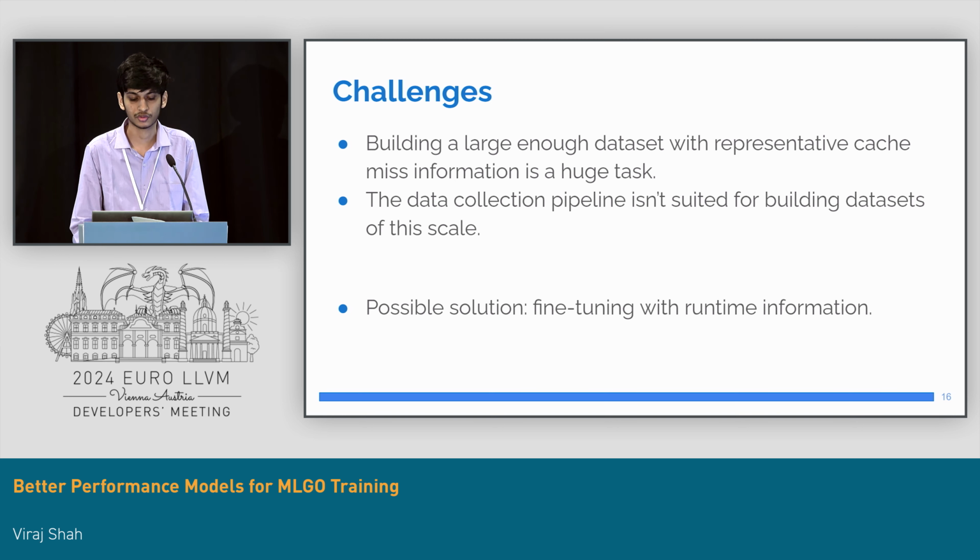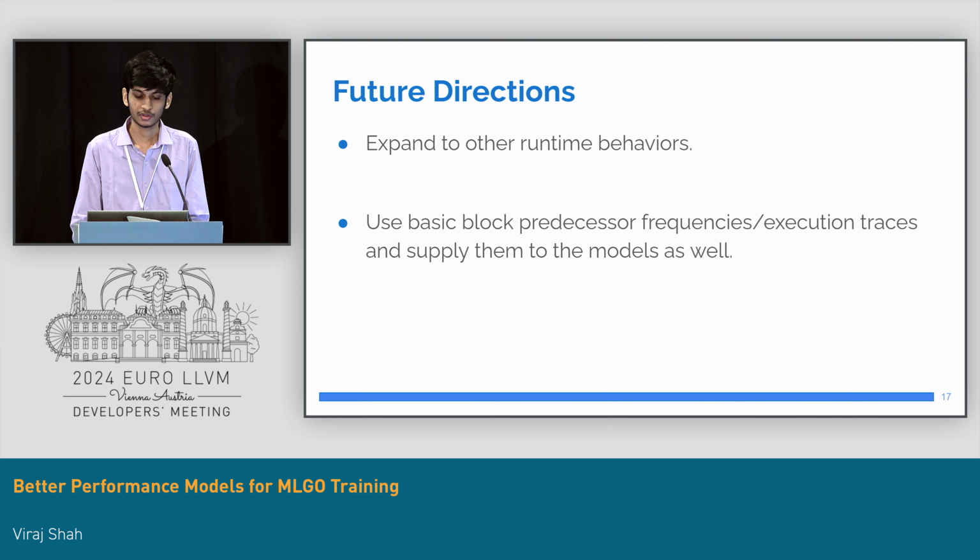And the way we are looking to get around this is by having something like a fine-tuning step while training, which uses a sub-data set with runtime information, while the rest of the training process uses a much, much larger data set that doesn't really need to have this extra information. So this is the stage this work is currently at, which is unfortunately just short of knowing concretely how much better these models are.